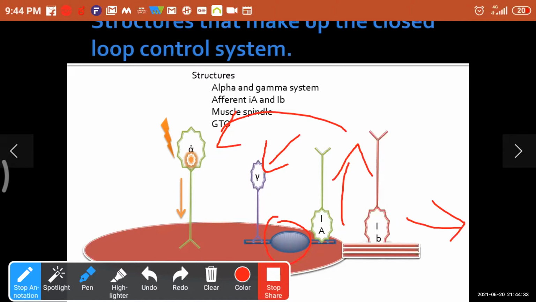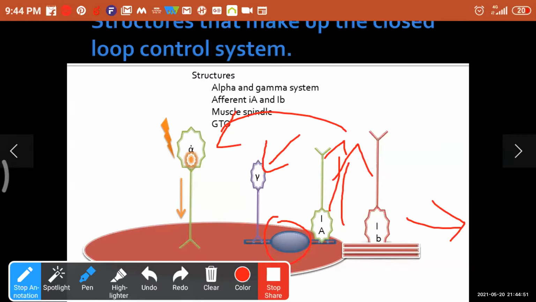Again, the type 1A fibers will get activated, and that's going to activate your alpha motor neuron. So we have two systems, your gamma motor neuron and your alpha motor neuron. When your gamma motor neuron is activated, it's going to make the muscle contract.